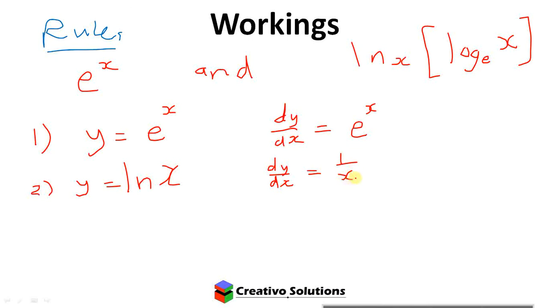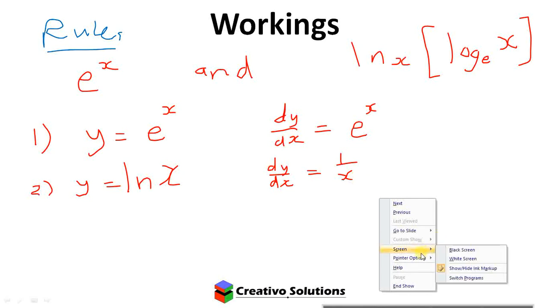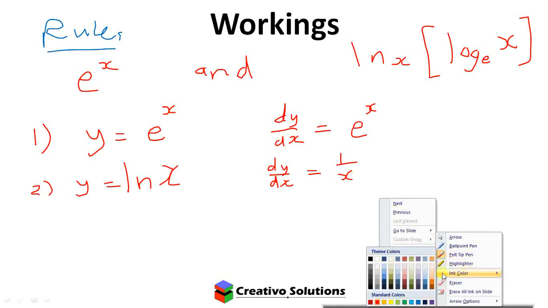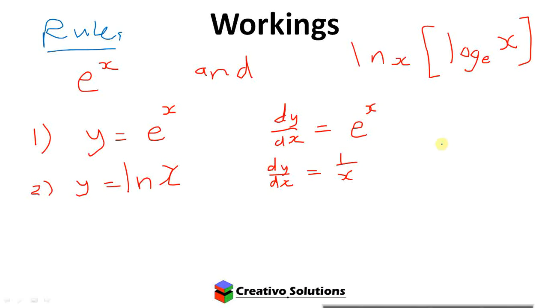Okay, so if you were given a question, let me just show you how to actually use this, just as a side note. If I have this, let's say y equals ln 10x. Okay, if I had that, what would dy over dx be?